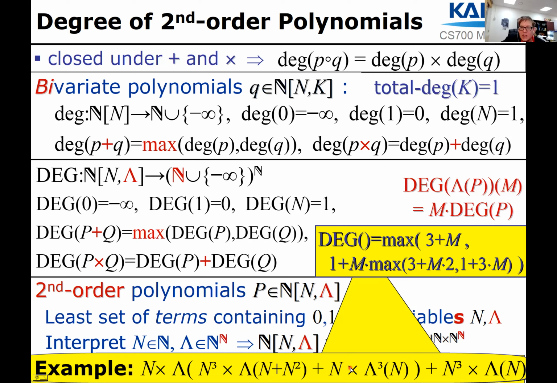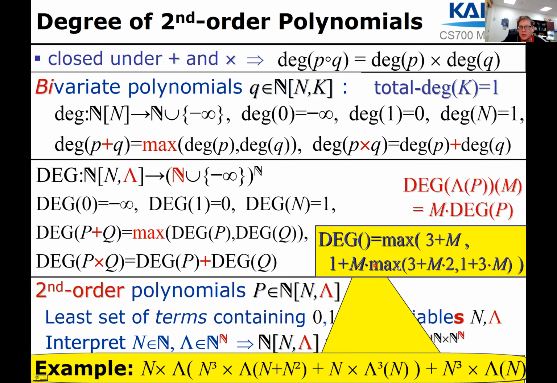The argument to lambda is in terms a sum, so there's another maximum here. Let's look at this degree first. The degree of this is 1 plus 3 times m. And the degree of this is 3 plus m times the degree of this here, which is 2. This part doesn't matter for the degree. This dominates the degree. So here, 3 plus m times 2. So this is the degree of this complicated expression as defined inductively.